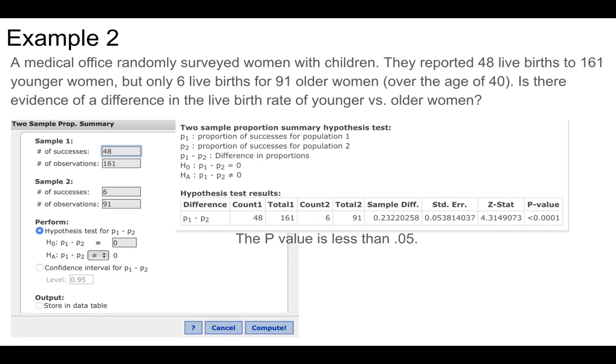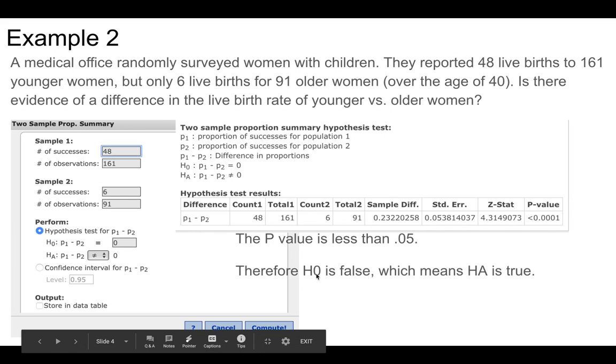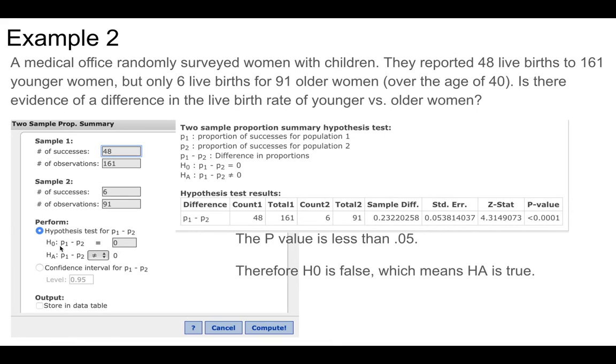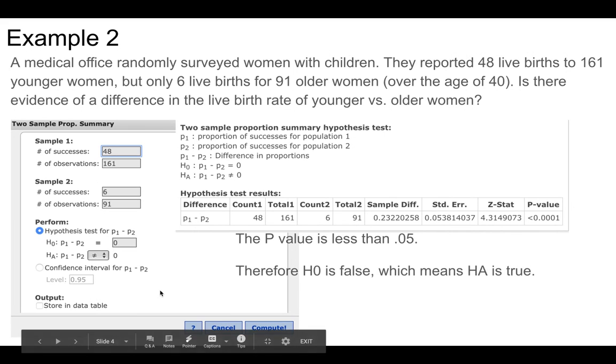If you look back to your notes from chapters 17 through 19, if the p-value is less than 5%, that means that my null hypothesis, my initial guess, is false, which means the alternative guess, the alternative hypothesis, is true.